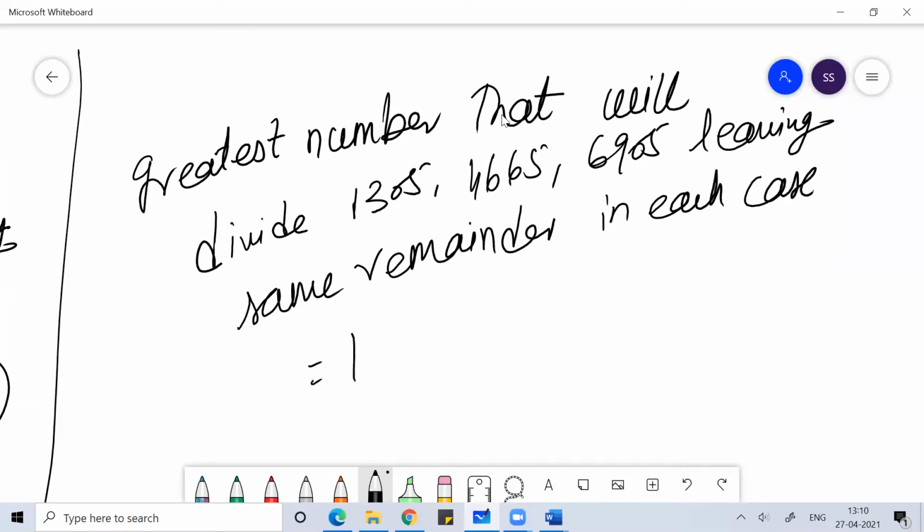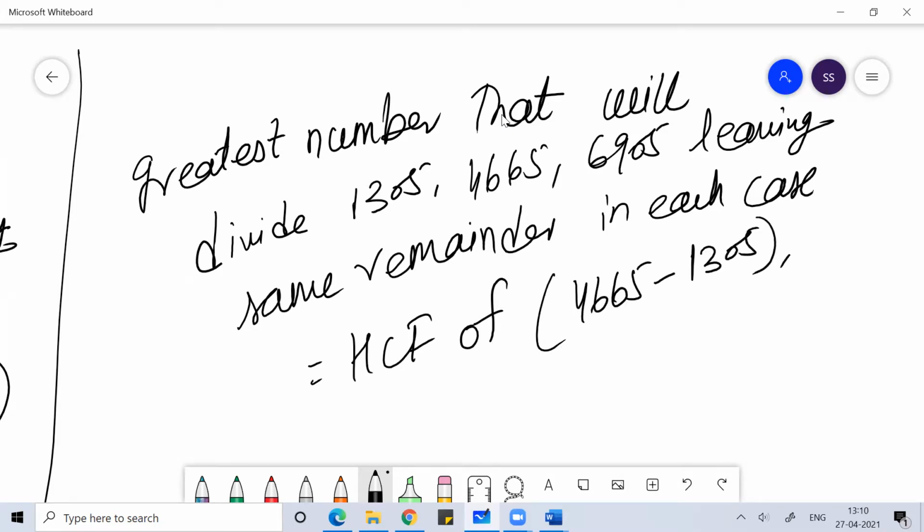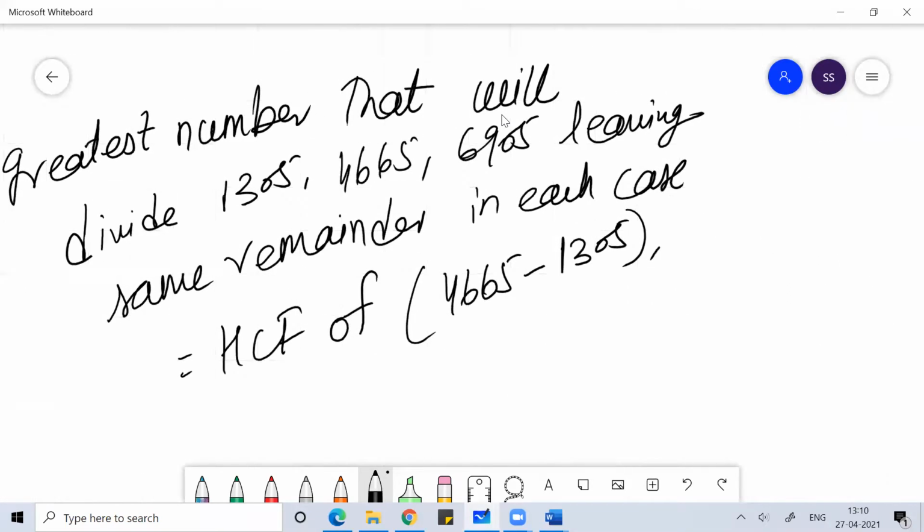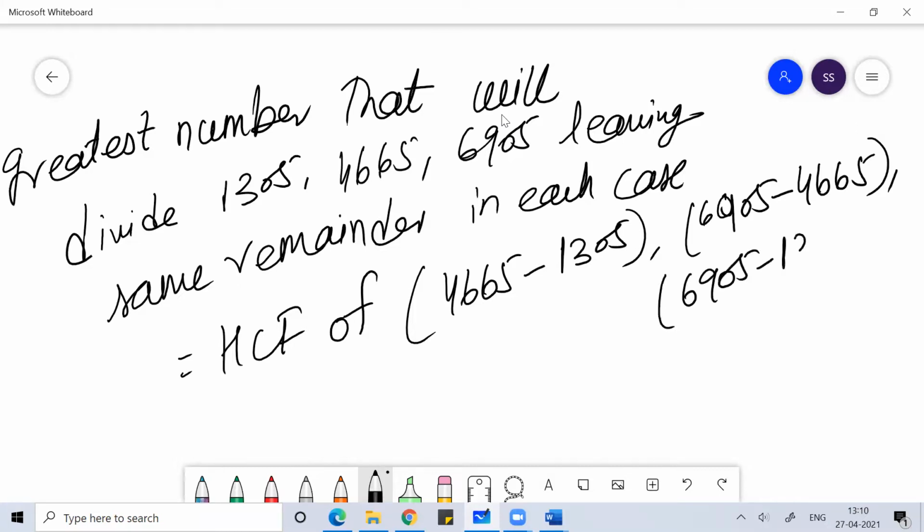for this kind of problem, what you have to do is find the HCF of 4665 minus 1305, then 6905 minus 4665, then 6905 minus 1305.